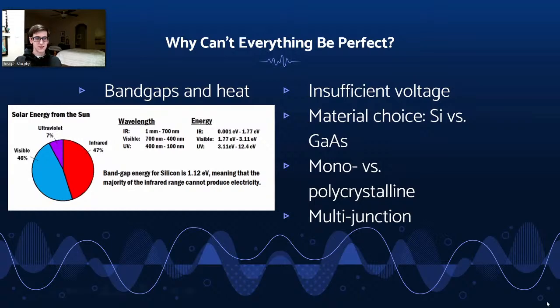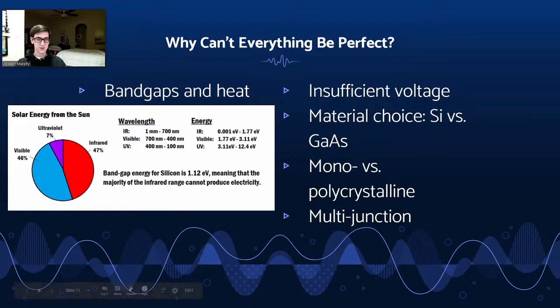But we see that, light, of course, has different wavelengths, and different wavelengths contain photons of varying energies. To generate the most mobile charge carriers, each photon needs to have at least 1.12 electron volts to sufficiently excite an electron. But infrared light is wavelength between 1 millimeter and 700 nanometers, which corresponds to this much energy.